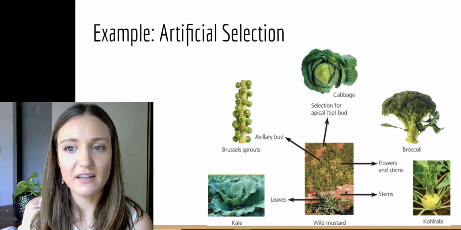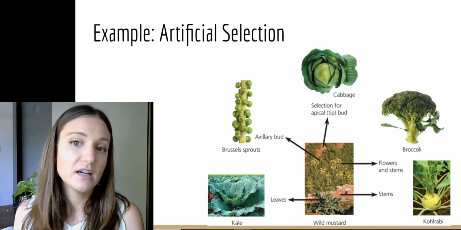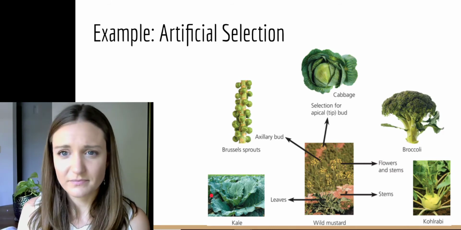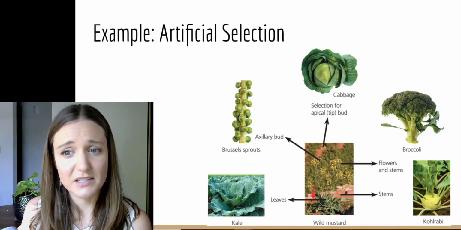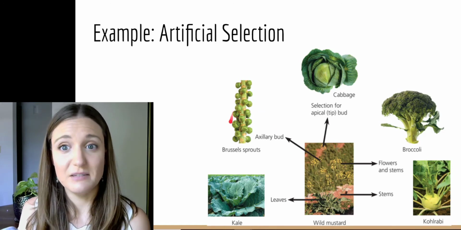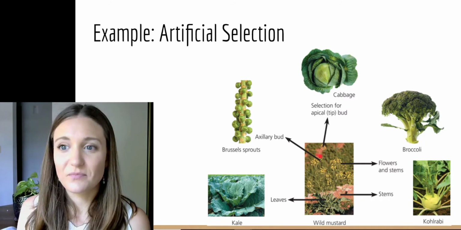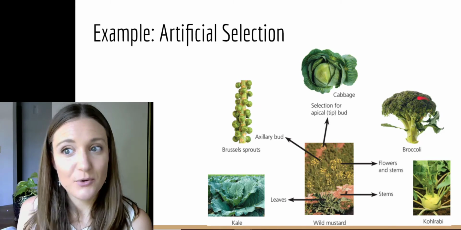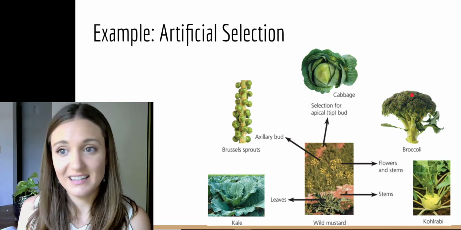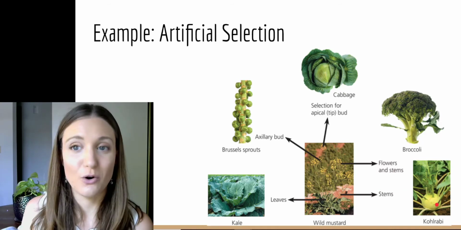So one variety of wild mustard was bred to have big leafy leaves that were not super bitter, and we get kale. Another variety of wild mustard from the same species was selected to have really large and many axillary buds that we eat as Brussels sprouts. Or many flowers and condensed stems, we get broccoli, right? Enlarged stem, we get kohlrabi, right?